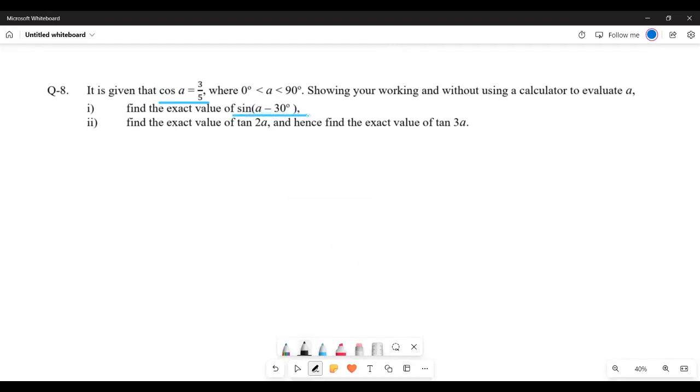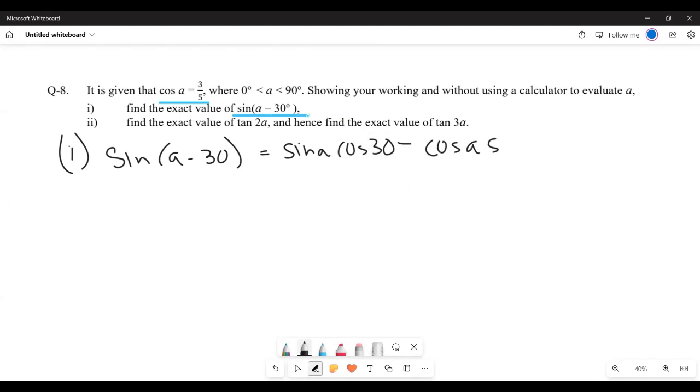Okay, so we're going to use compound angle formula for sine, which is sine A cos 30 minus cos A sine 30. Now what is cos 30 and sine 30?